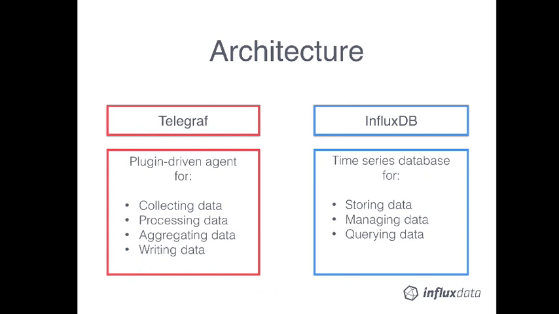There is a closed source version of InfluxDB that offers high availability and clustering. Most of what I do talk about today, however, does apply to that clustering version of InfluxDB as well. Okay, so how do Telegraf and InfluxDB fit together? Well, Telegraf collects the time series data, and InfluxDB is one of its output plugins. So Telegraf writes the data that it collects to your InfluxDB instance.